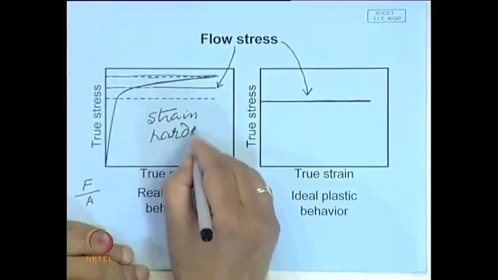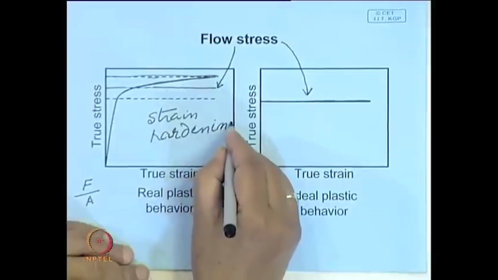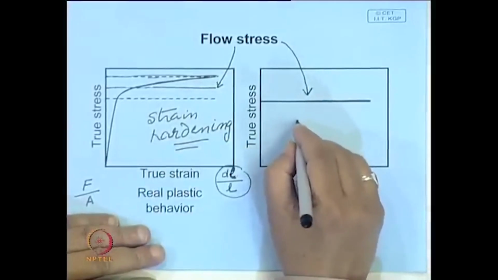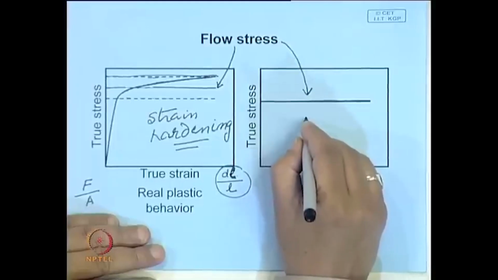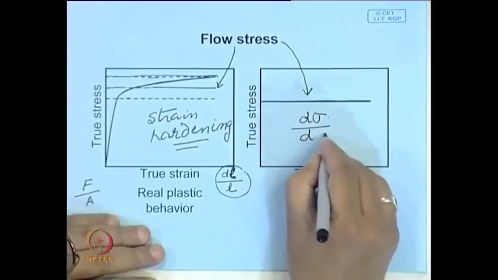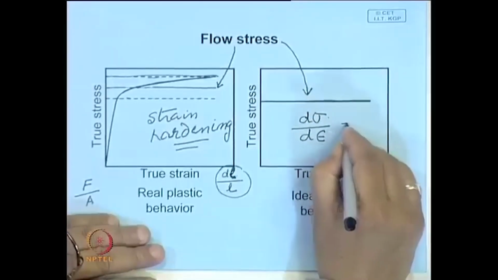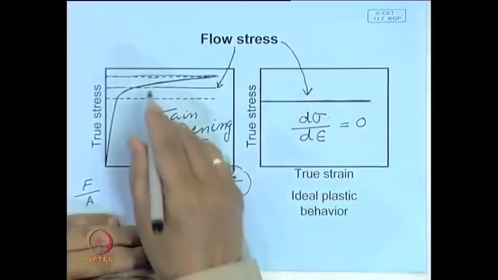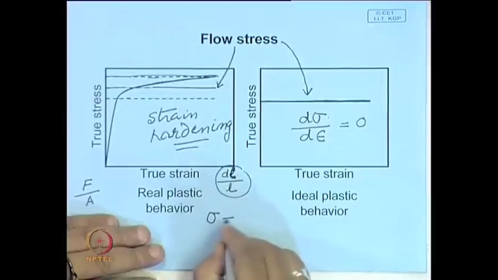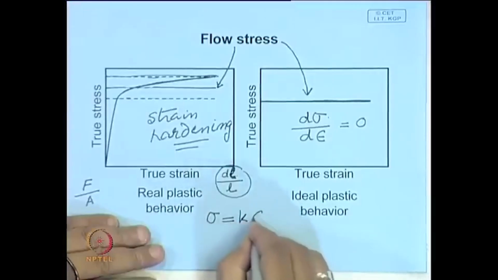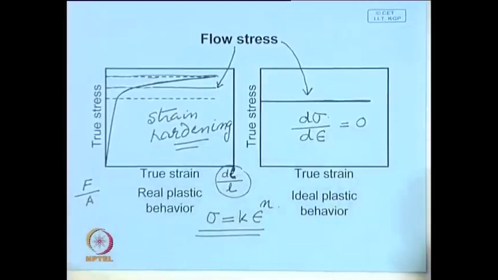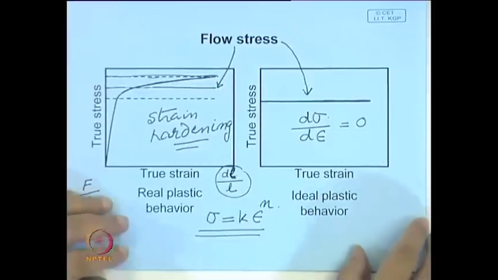Most materials you will find some amount of strain hardening, but in an ideal plastic material, strain hardening is 0. Strain hardening is usually represented like this. We say that this is 0. And for a real plastic material, you will find that sigma, the flow stress, follows an expression something like this, and these were talked about in earlier classes.